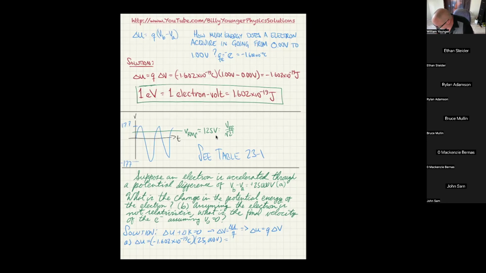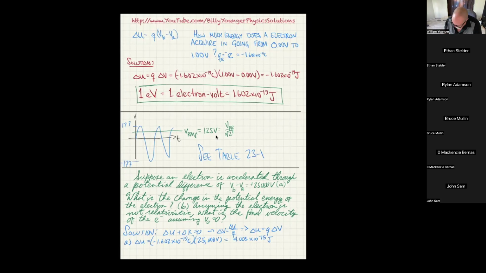And with that, I get 1.602 e to the negative 19 times 25,000. That gives me 4.005 times 10 to the negative 15th joules.